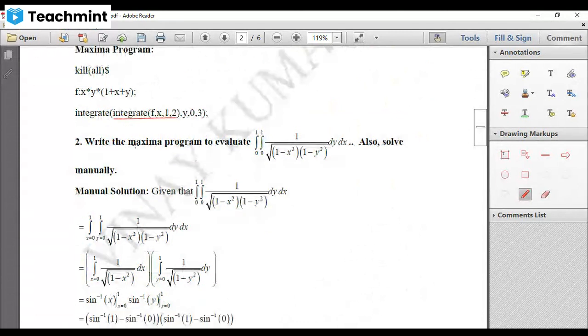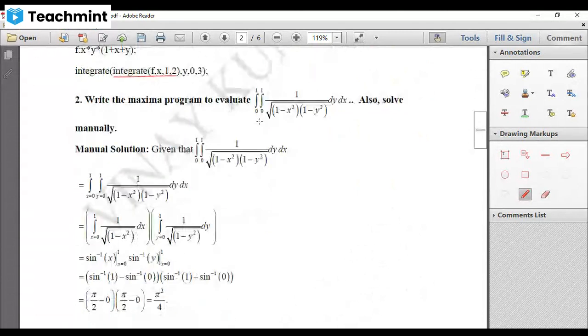Okay, let us see one more example. Here, limit is from 0 to 1, limit is from 0 to 1, double integral of 1 by square root of this. Now here they are given dy dx. That means first you have to integrate with respect to y, then you have to integrate with respect to x. Therefore, limit of y is from 0 to 1, limit of x is also from 0 to 1.